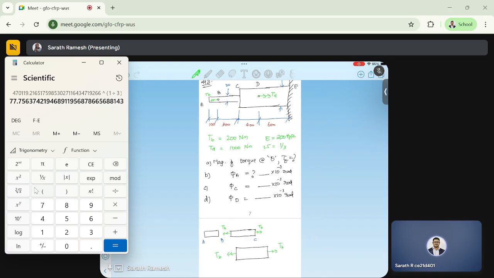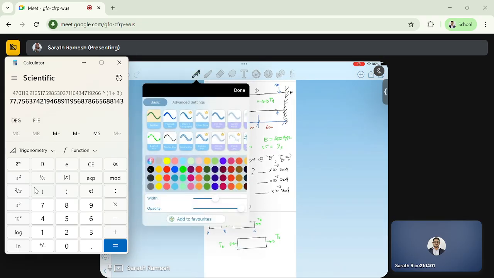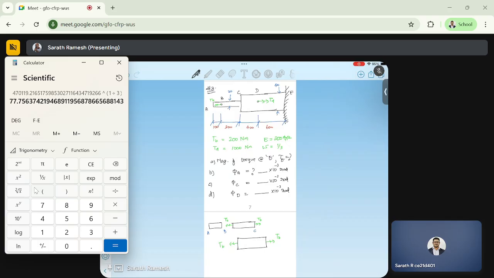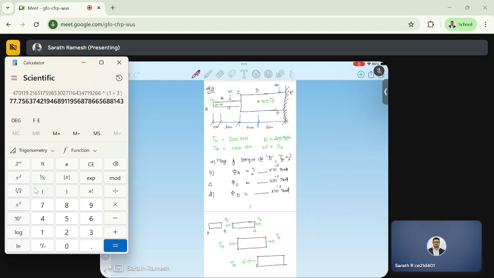Okay, this is TB. Here there is TB acting, but in addition to TB, there is some external load which is in this direction.